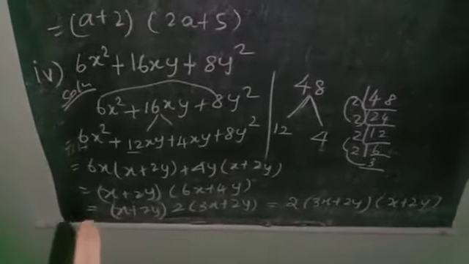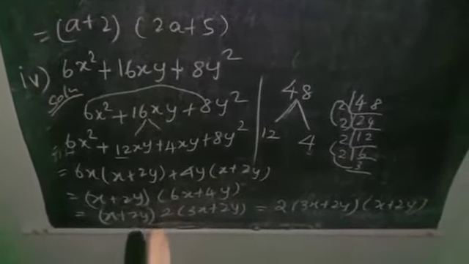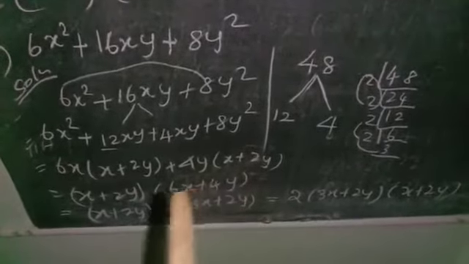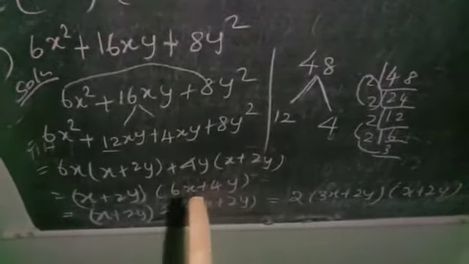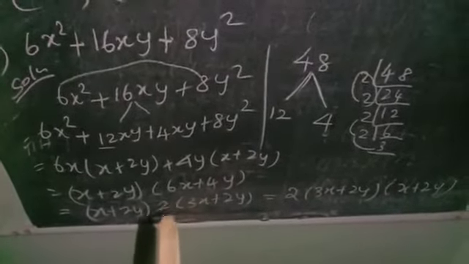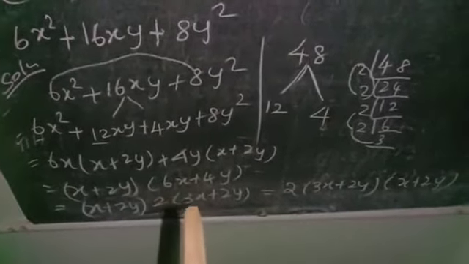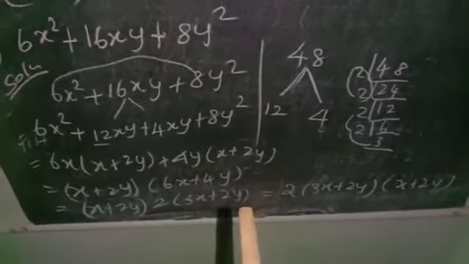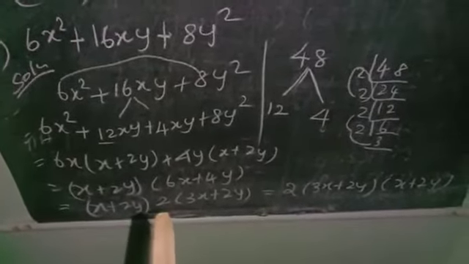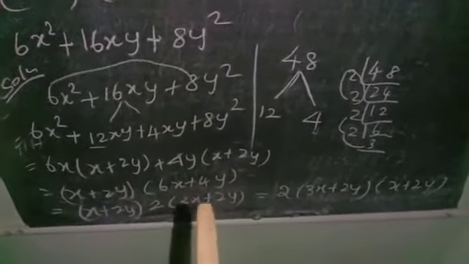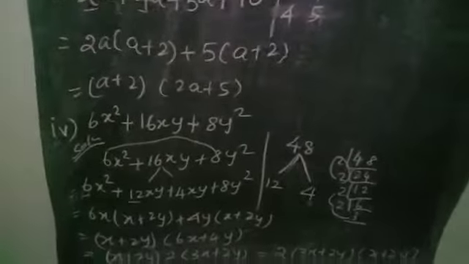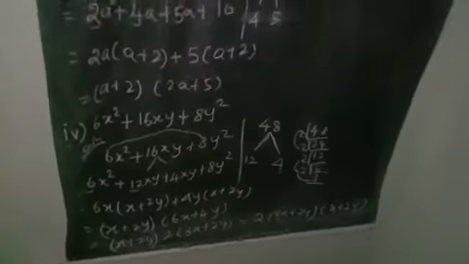The second factor has a common 2, so we take 2 and get 3x plus 2y. So x plus 2y and 2 into 3x plus 2y are the factors of 6x square plus 16xy plus 8y square.